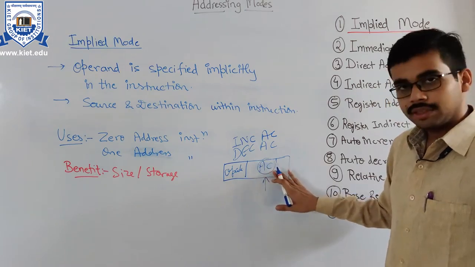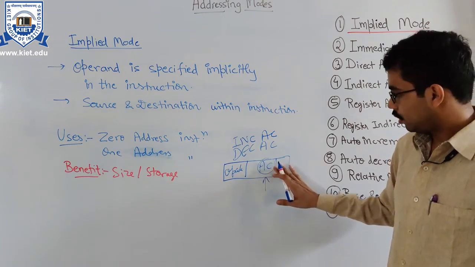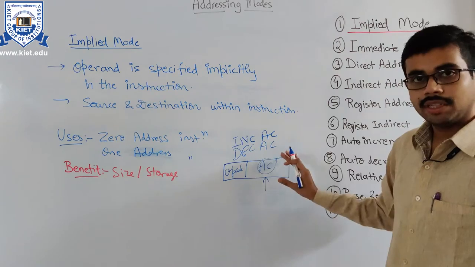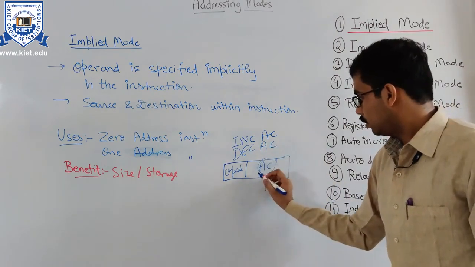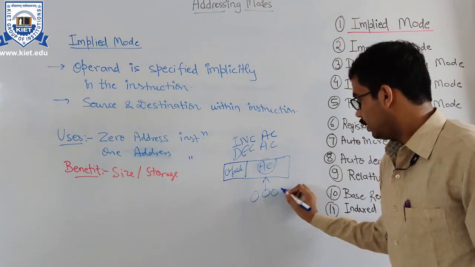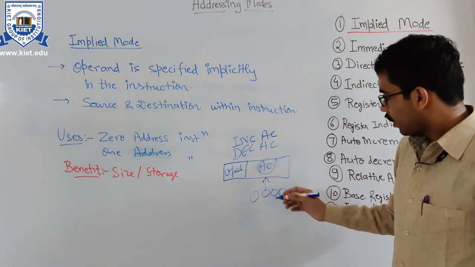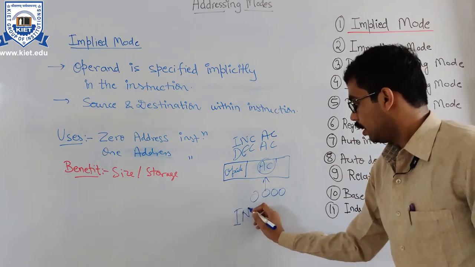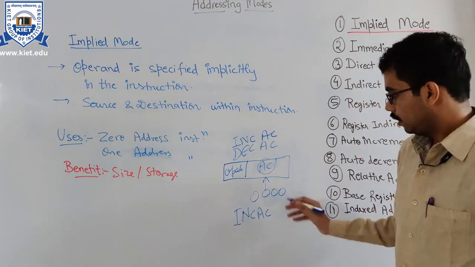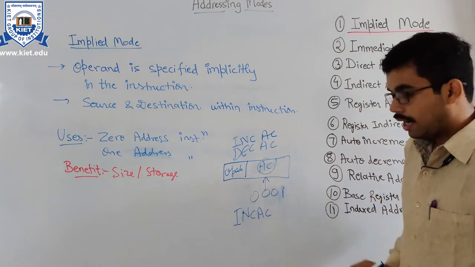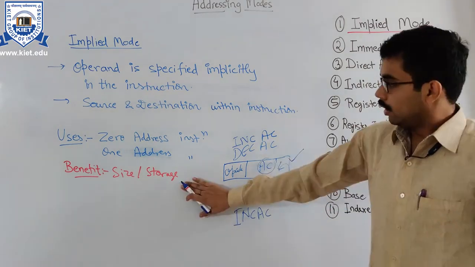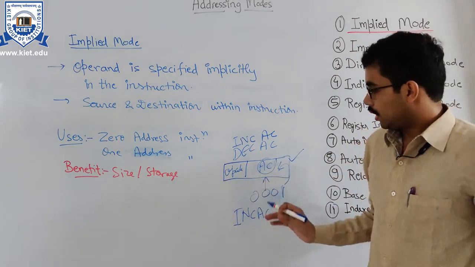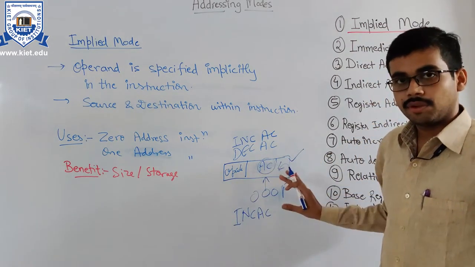So the source was there and the same operand was incremented by 1, and it is stored into the destination. If initially it was 0 0 0 0 and I applied increment accumulator, it will just add 1 and store it in the same destination. The benefit is that the size of the instruction will be small, so we use less storage.